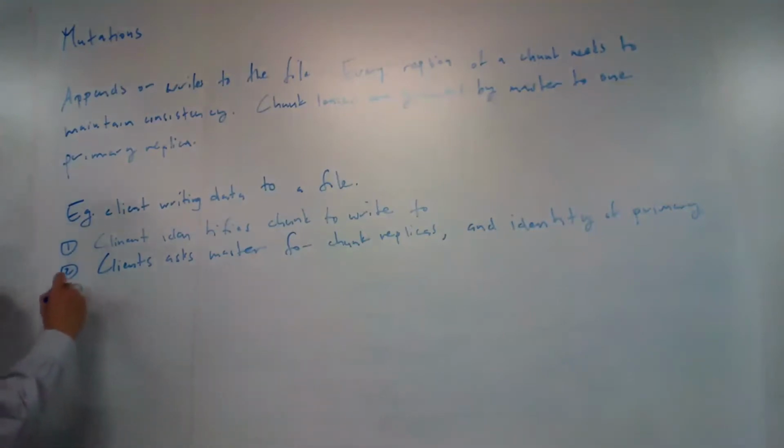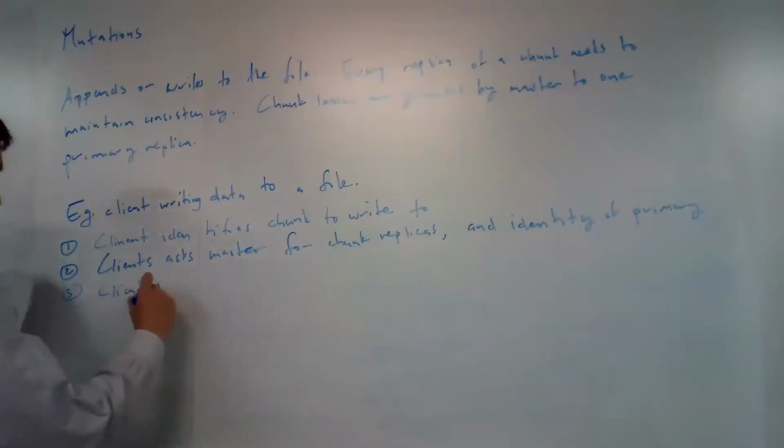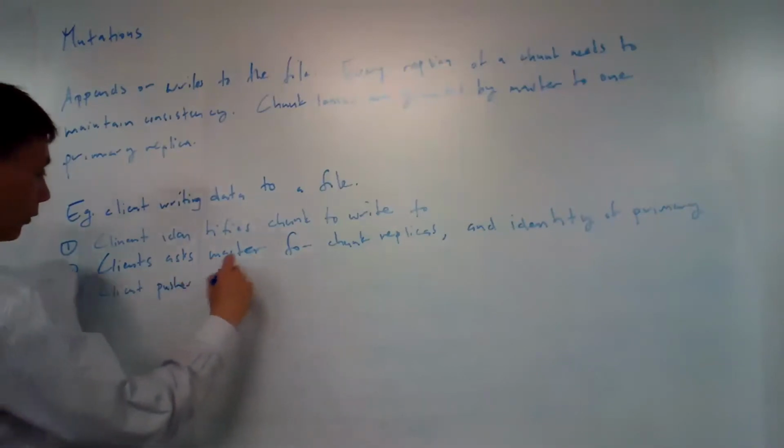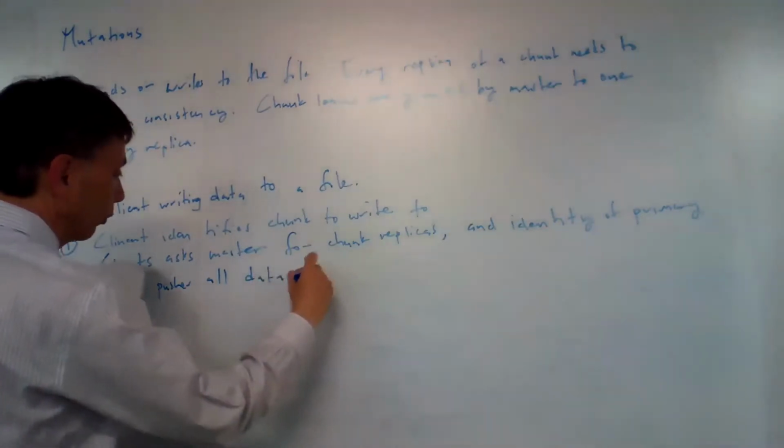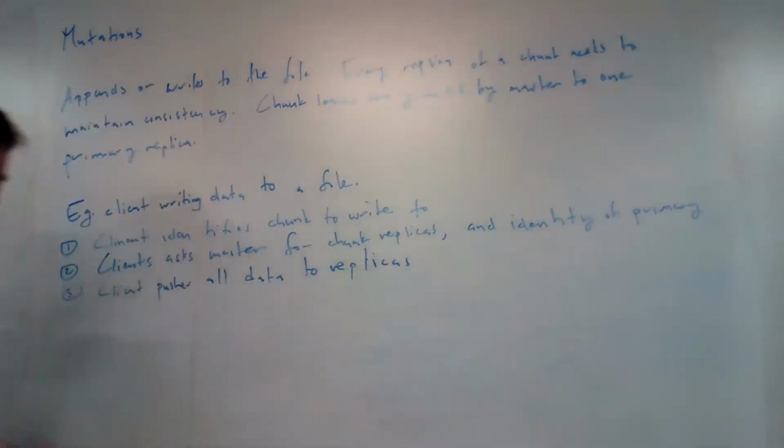And then next, the client pushes all the data to the replicas. So it's the client's job to make sure that all the replicas get the data to be written. And of course, it's probably providing it in some order, but the order that matters is the order that it gets provided to the primary. Okay.